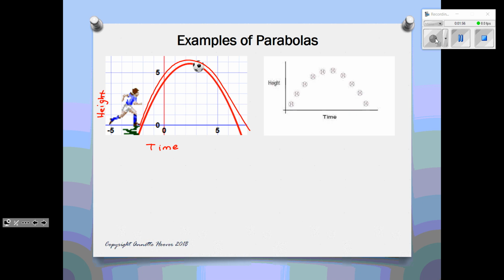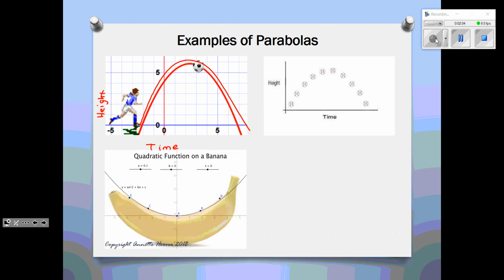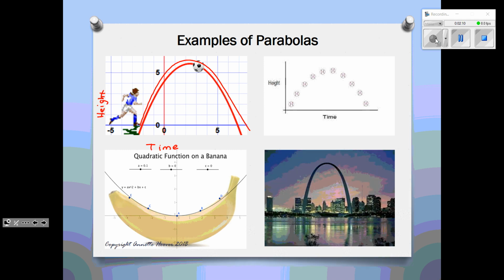Also, this shows again a baseball, and the relationship between time and height is going to be like a parabola. There's actually something from nature, the banana, that is shaped like a parabola. And there's some architecture that is like a parabola, like the Gateway Arch here in St. Louis.